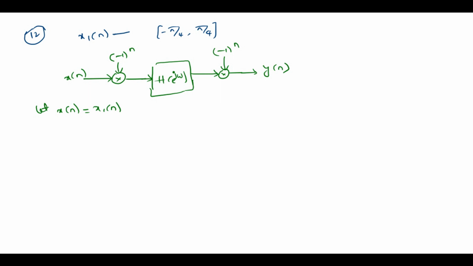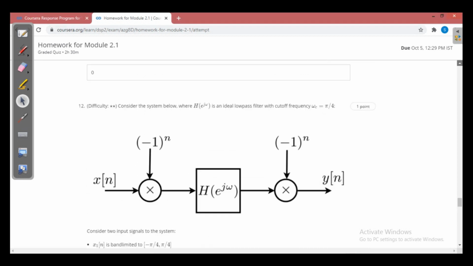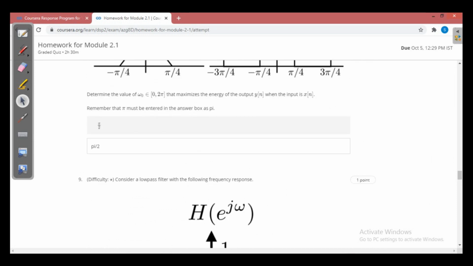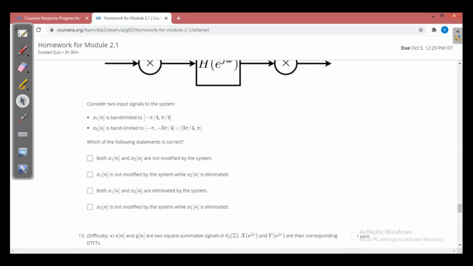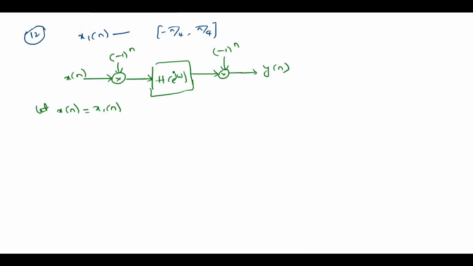They already gave that the filter is a low pass filter having the cutoff frequency, and the cutoff frequency is pi by 4. So h of e power j omega seems to be like this, it is 1 from minus pi by 4 to plus pi by 4 since it is ideal.